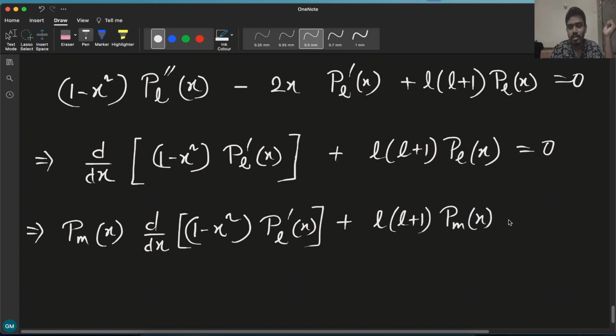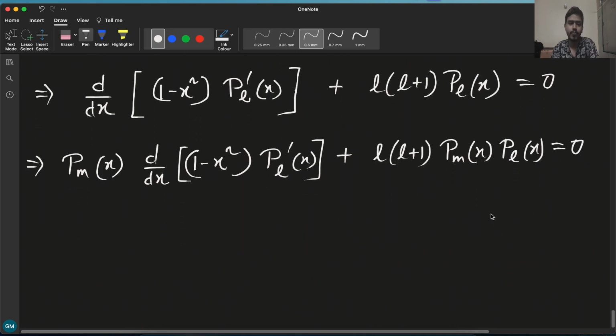I am assuming that these Legendre polynomials are real, so I am not talking about stars, P_m star or P_l star. Good. Now let me call it equation 1.